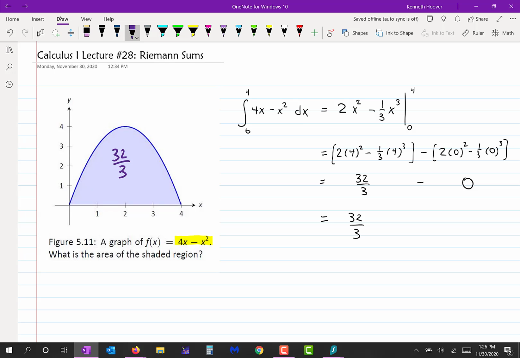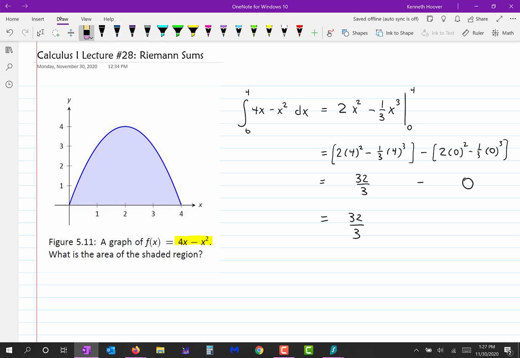Okay, now what I want to show you this time is what is really going on behind the scenes. Okay, and this is going to be very tedious. We're only going to go through it once. You need to see it so that you understand what's going on behind the scenes.